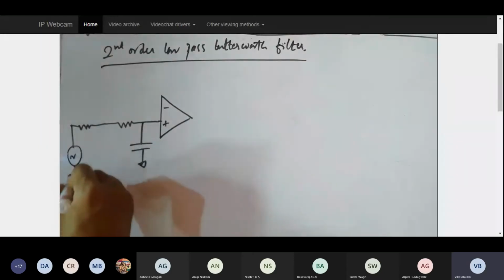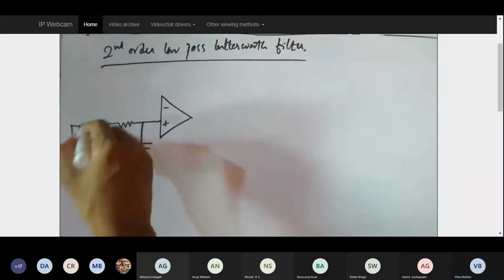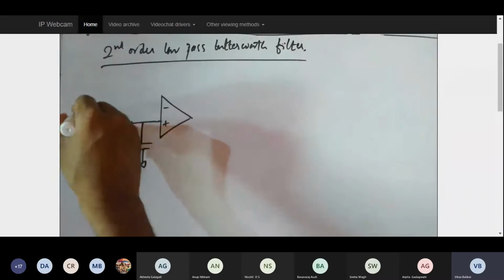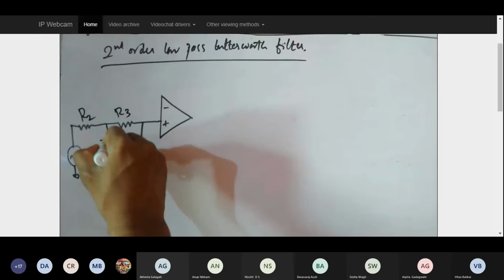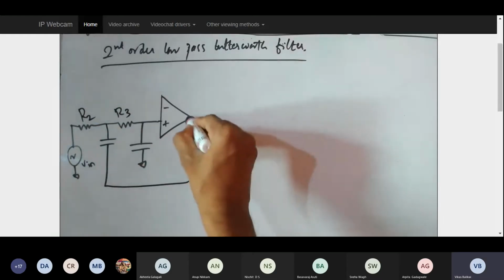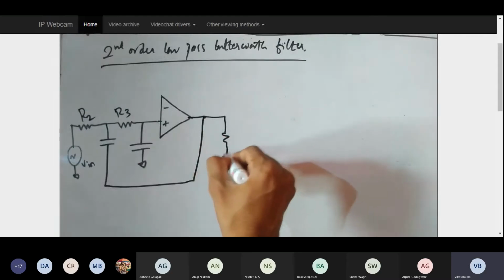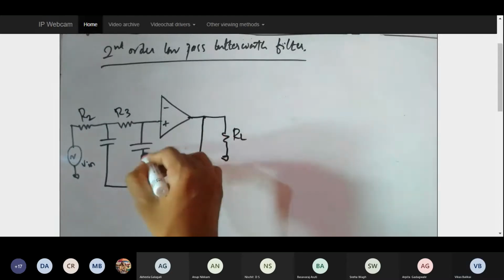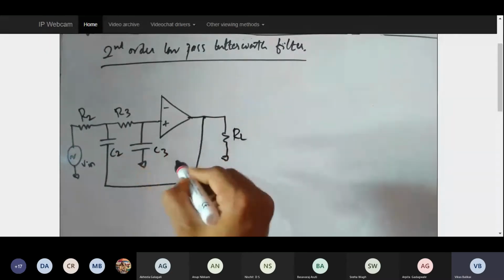Maybe I'll not be giving you the entire thing, I'll just give you a hint, rather the steps to solve. So it has, as you can see, two capacitors C2 and C3, two resistances R2 and R3.